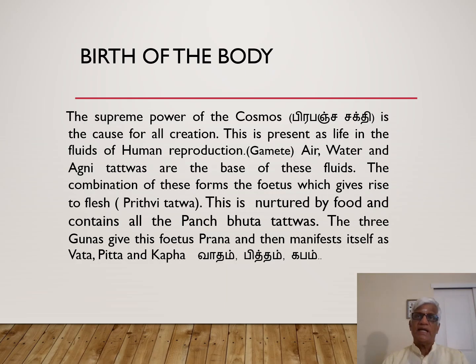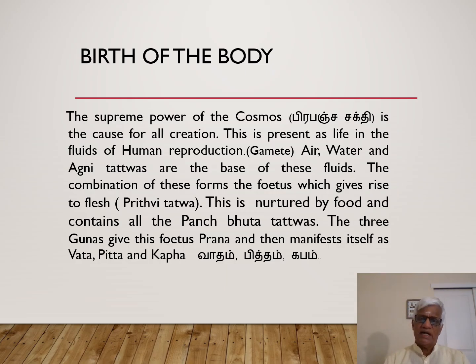Air, water, and Agni Tattvas form together to make these fluids. The combination of the female reproductive fluid and the male reproductive fluid, or the egg and the sperm, forms the fetus, which then develops the Prithvi Tattva, that is flesh. So the flesh and the bones, etc., contain the Prithvi Tattva.